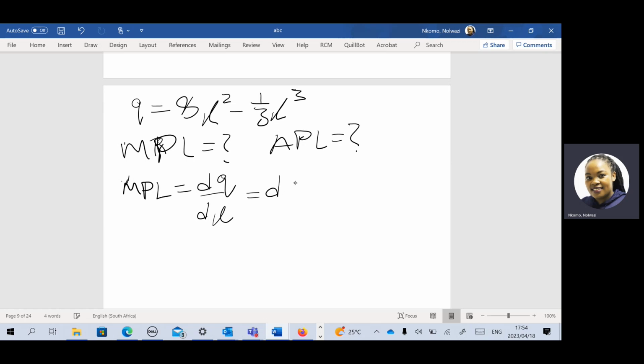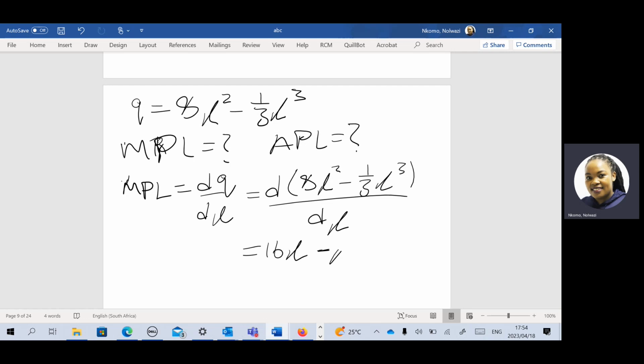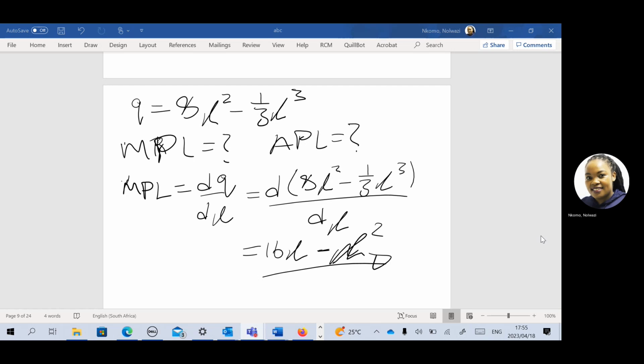And we know that our Q is 8L squared minus 1/3 L cubed. We are differentiating with respect to L. If we differentiate 8L squared with respect to L, we should get 16L. And if we differentiate 1/3 L cubed with respect to L, you should get minus L squared. So this is our marginal production of labor.